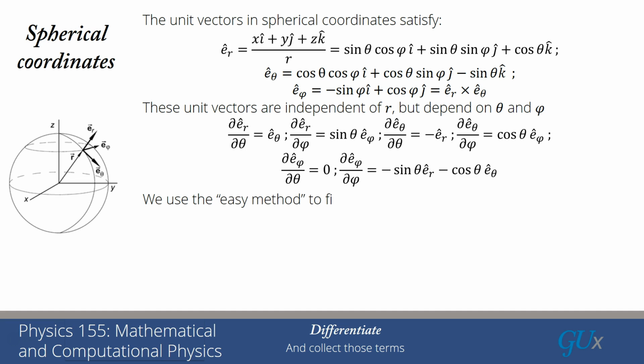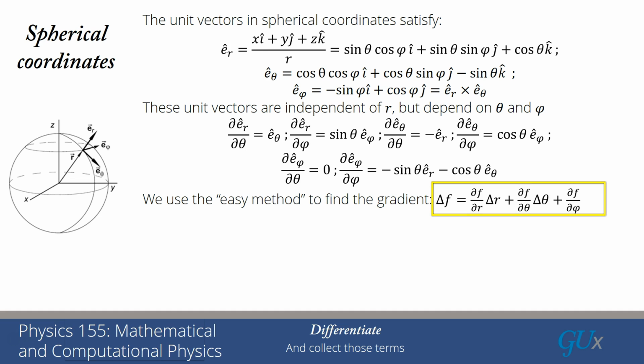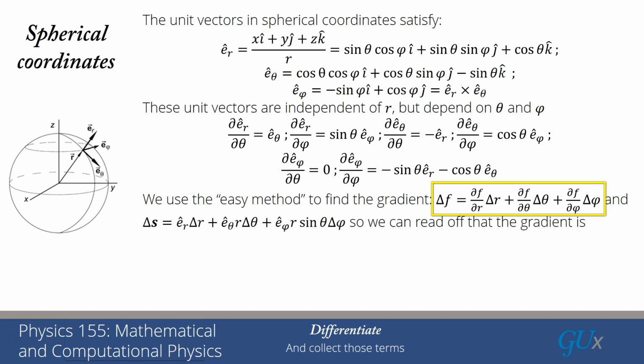Now we're going to use our easy method to find out what the gradient is. We're going to look at the change in f as r, theta, or phi changes. That is just determined by the partial derivatives with respect to r, theta, or phi multiplied by the respective delta r, delta theta, or delta phi. And we want to also calculate how the position vector changes as r, theta, or phi changes.